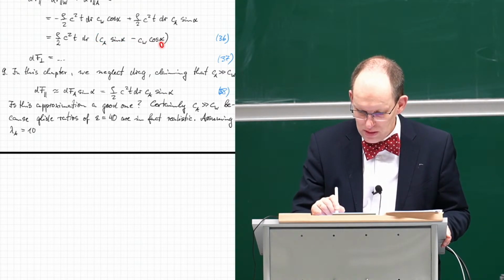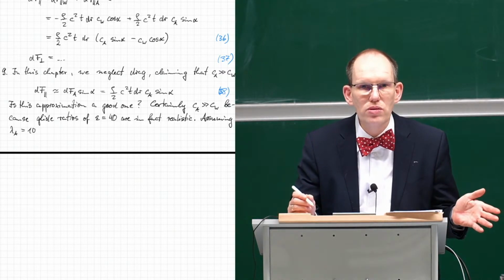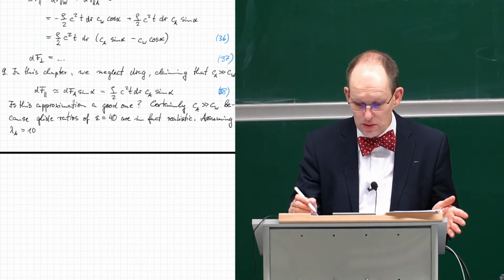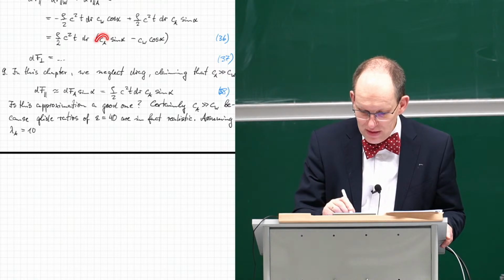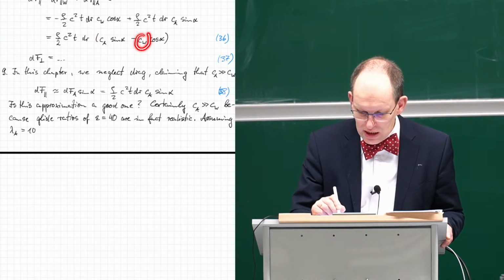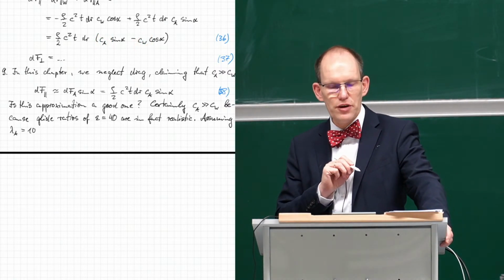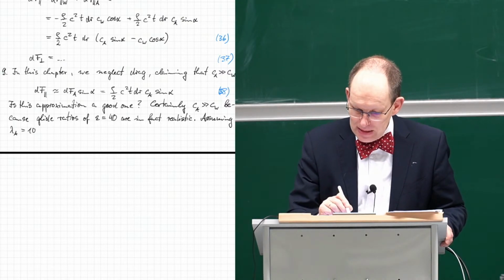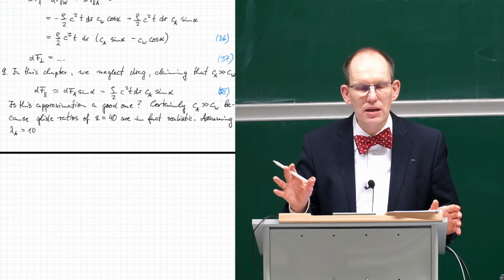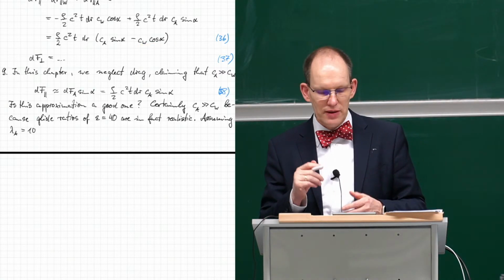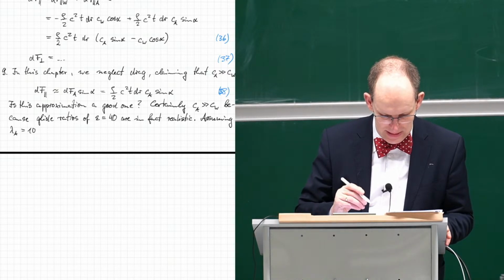And here, of course, the angle is also small, but the cosine is then close to 1. So even though this thing here is much larger than this coefficient, you see that close to the tip, it's not really justified to do that.